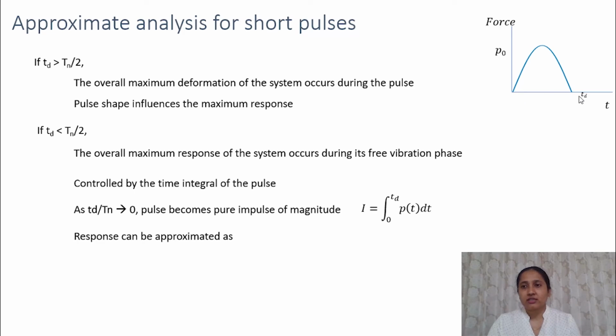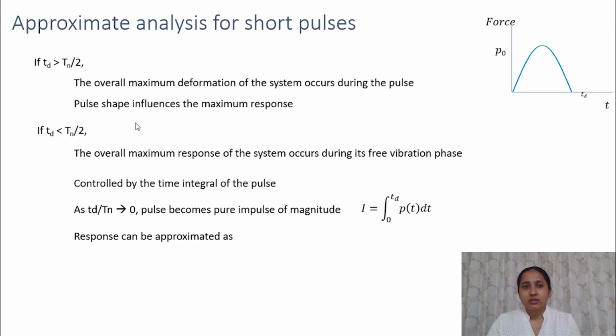So if Td tends to 0, then this pulse becomes an impulse, and the magnitude of that impulse can be calculated as the time integral. That would be P(t), the expression for this force, times dt. If you integrate it, you get the area under this curve, and that is the magnitude of the impulse.